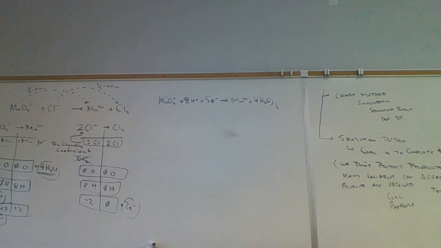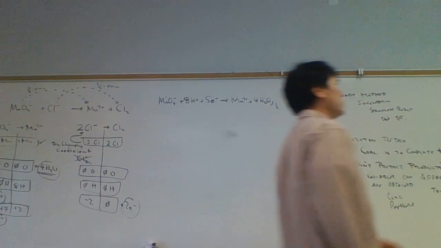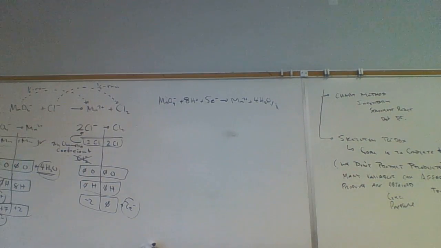Because it's already here. When permanganate goes to manganese 2 plus, then we need 8 H pluses and 5 electrons.